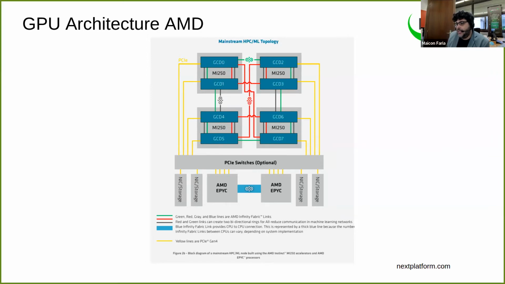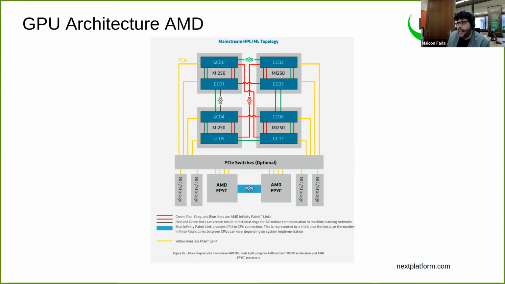We can see that it relies a lot on the Infinity Fabric. Also, the green, the red, the black, and the blue communications are using Infinity Fabric. And there is a lot of communication also using PCI generation 4 lanes.